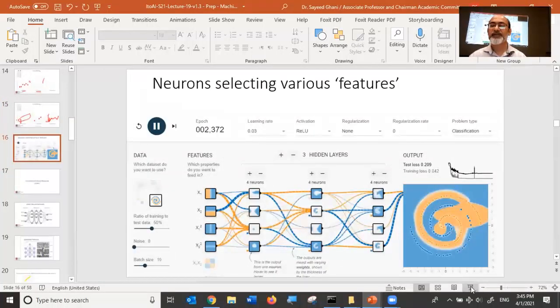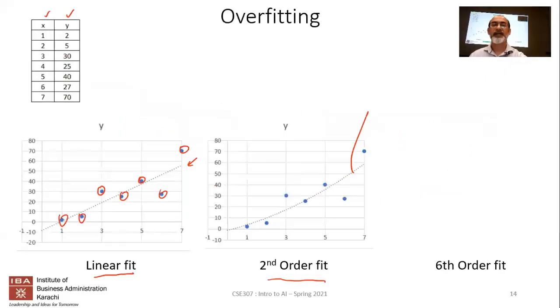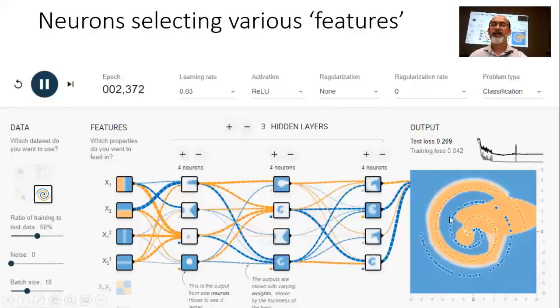If you look at this particular neuron over here, and take a look at some of these neurons, they're actually fitting into part of the spiral. This portion is focusing on a part of the spiral. This is focusing on a different part of the spiral, and so on.